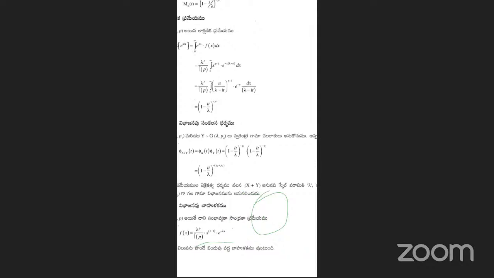Next, the additive property. If x follows gamma lambda, p1 and y follows gamma lambda, p2, both are independent, then phi of x plus y at t is phi x of t times phi y of t. That is 1 minus it by lambda whole to the power of minus (p1 plus p2).